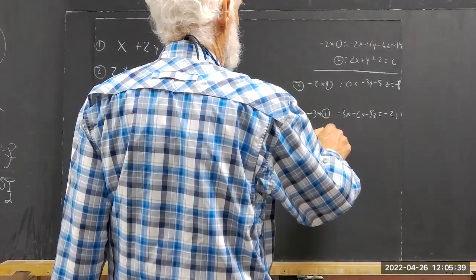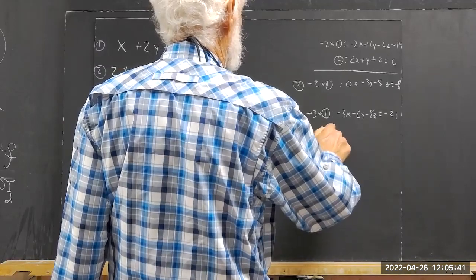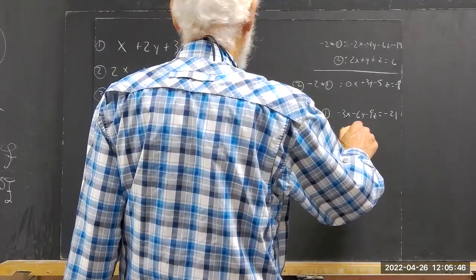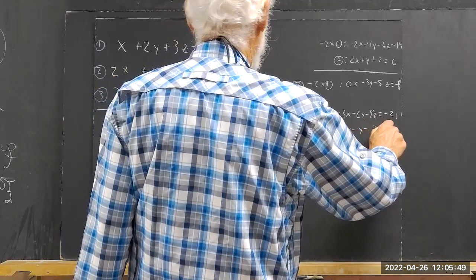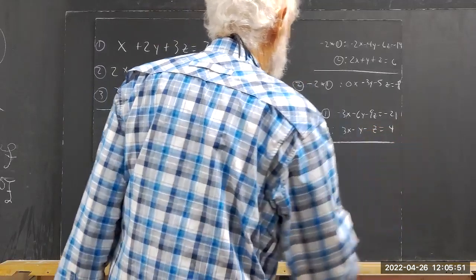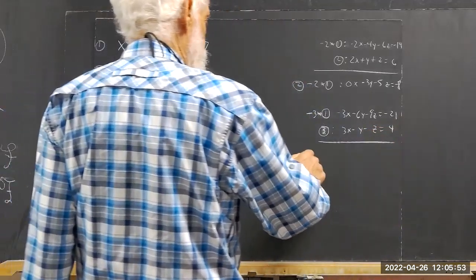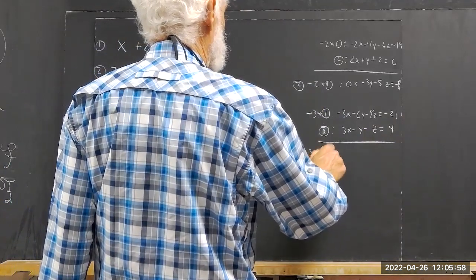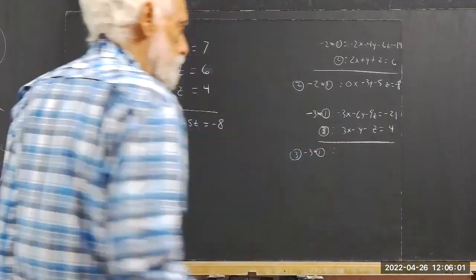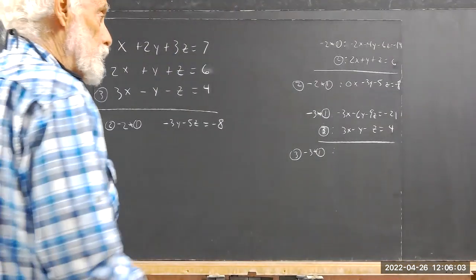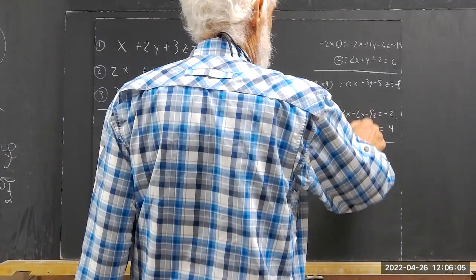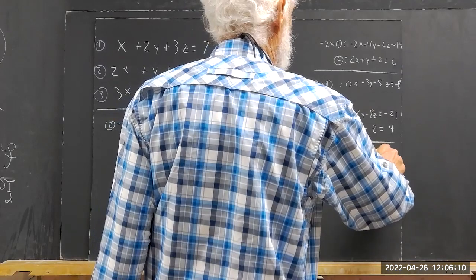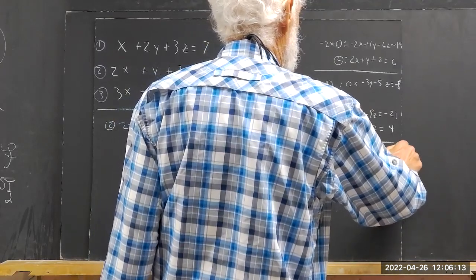And then equation 3, I'm saying, is 3x minus y minus z equals 4. So now when I add these, I get equation 3 and -3 times equation 1. And that gives me -7y minus 10z equals -17.